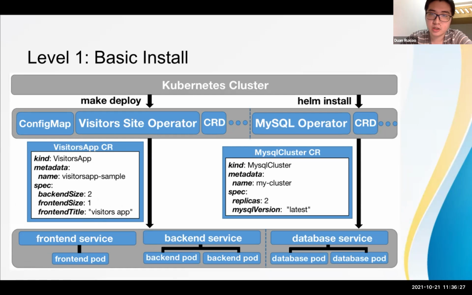But in addition, the database cannot be installed in this way because we have to use an external MySQL operator to install the database, because the database has many advanced features like data backup. That is very complicated, and its business logic is so complex.